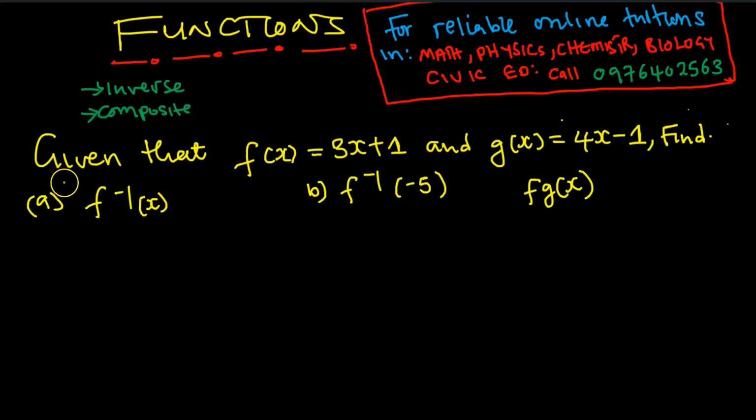The question given here is: given that f(x) = 3x + 1 and g(x) = 4x - 1, A, find the inverse function; B, find the inverse function of negative 5; then C, find fg(x).